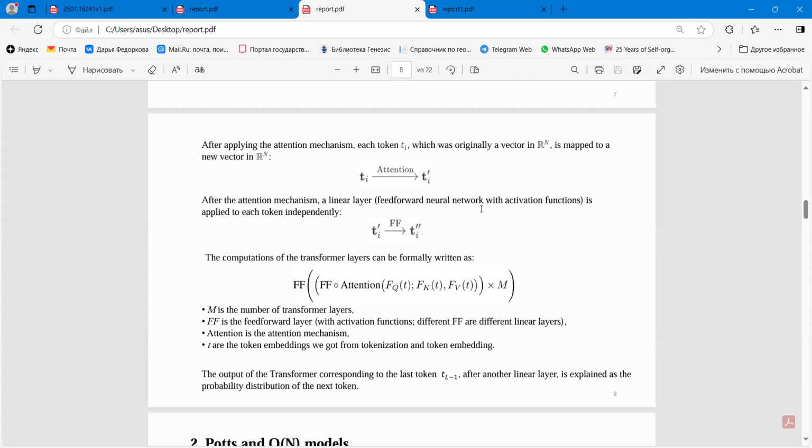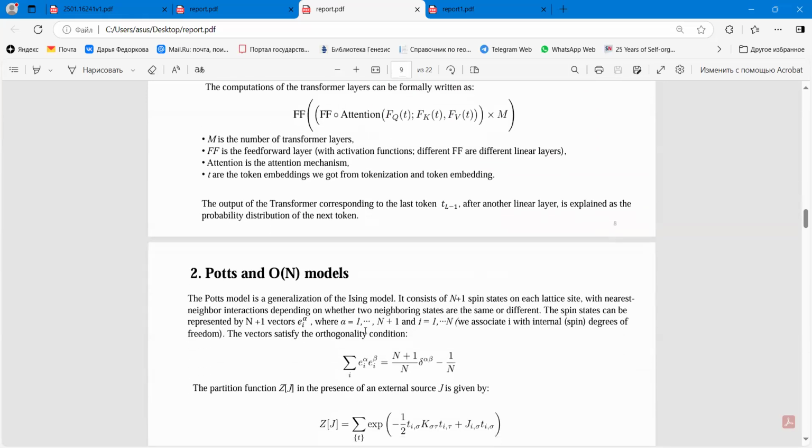The computation of the transformer layer can be formally written in this form, where M is the number of transformer layers, FF is the feed-forward layer, and we have our attention mechanism, which we discussed previously. The output of the transformer corresponding to the last token, after another linear layer, is interpreted as the probability distribution of the next token.